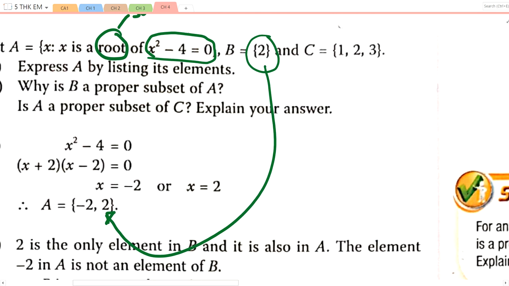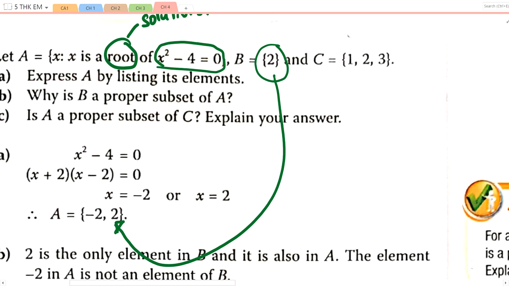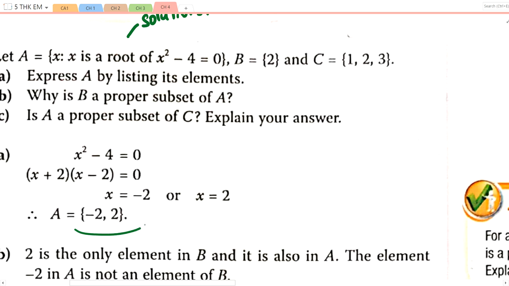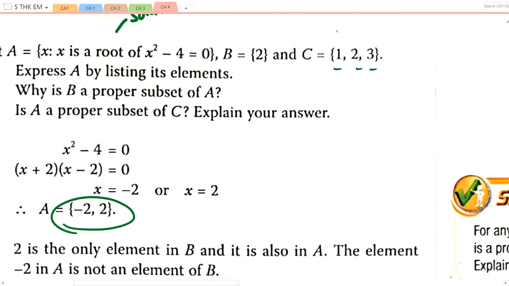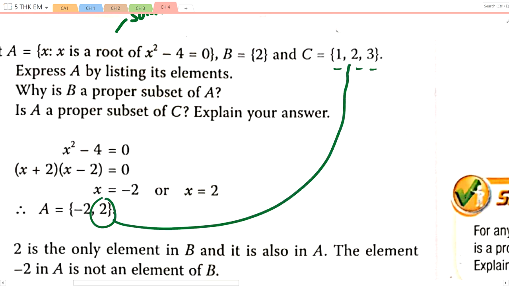The last part is, A a proper subset of C? Okay, in C we've got elements 1, 2, and 3. Are all the elements of A found inside C? So 2 is found inside C, but negative 2 is not found inside here.